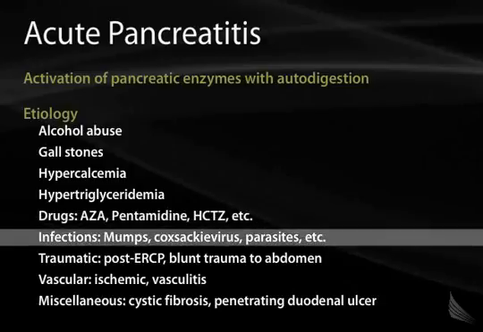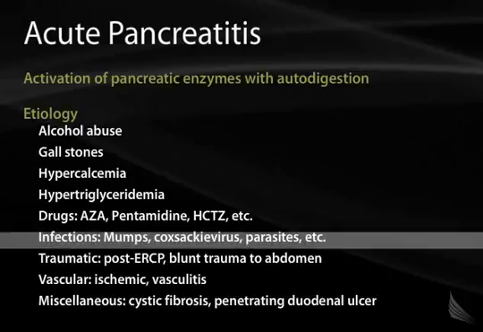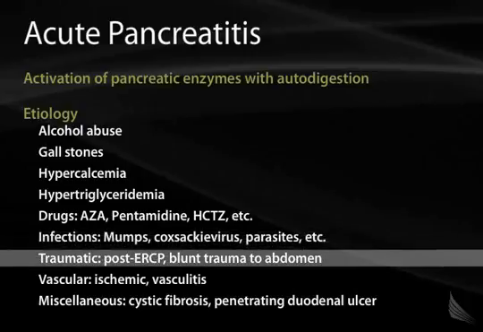Infections such as mumps, Coxsackie, and parasites can also cause acute pancreatitis. There can be iatrogenic causes, such as after an ERCP, when pancreatitis occurs because the pancreatic duct has been cannulated or dye has been secreted into the pancreatic duct, and with blunt trauma to the abdomen.